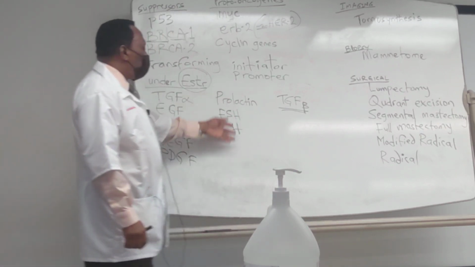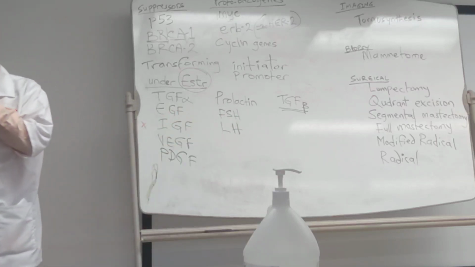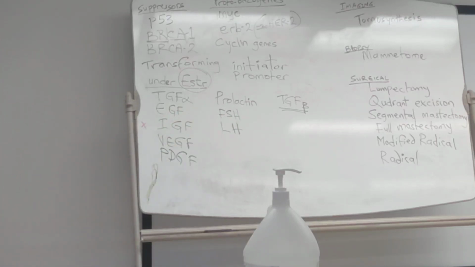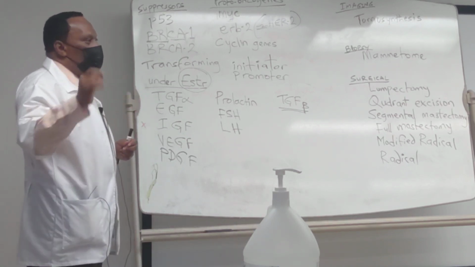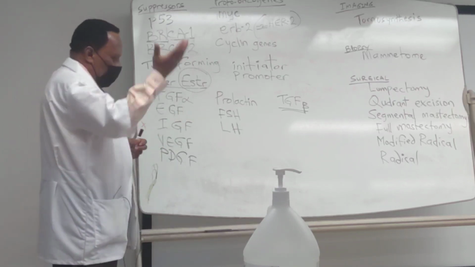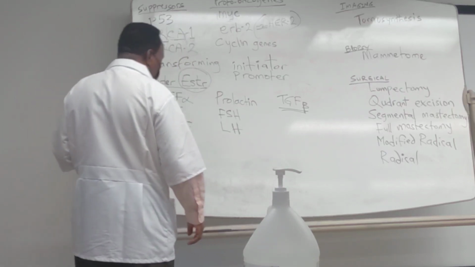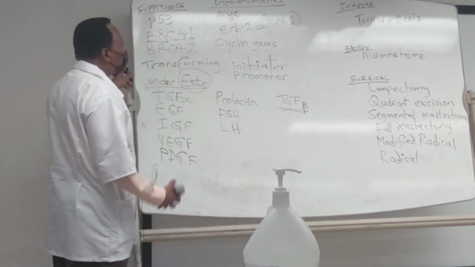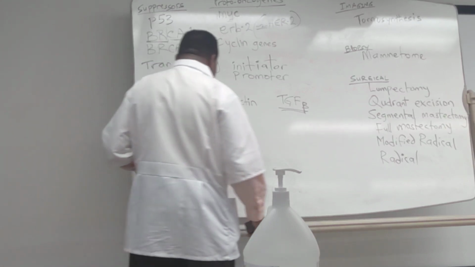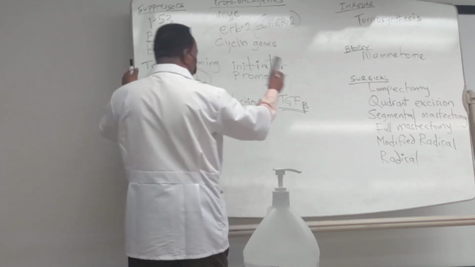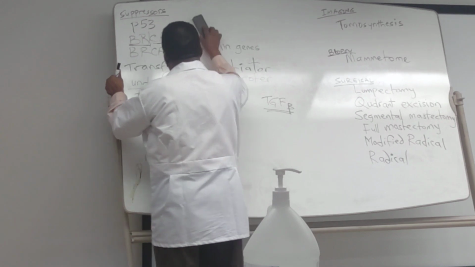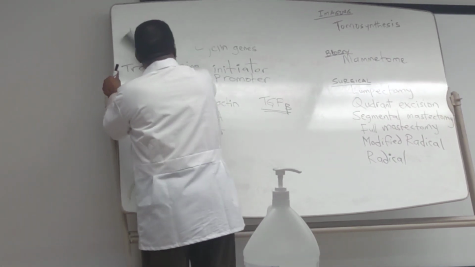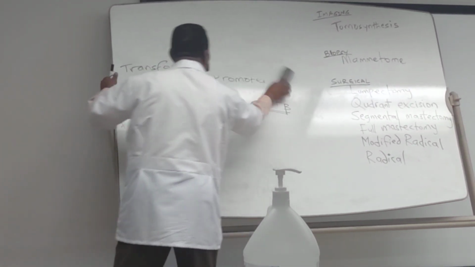And then, of course, we have prolactin, follicle-stimulating hormone, and luteinizing hormone. All of those can also increase the proliferation of that transformed cell. That is, so you can see more of your breast cancer cells growing. Okay, so those are all the genetic input into the production of your breast cancer.